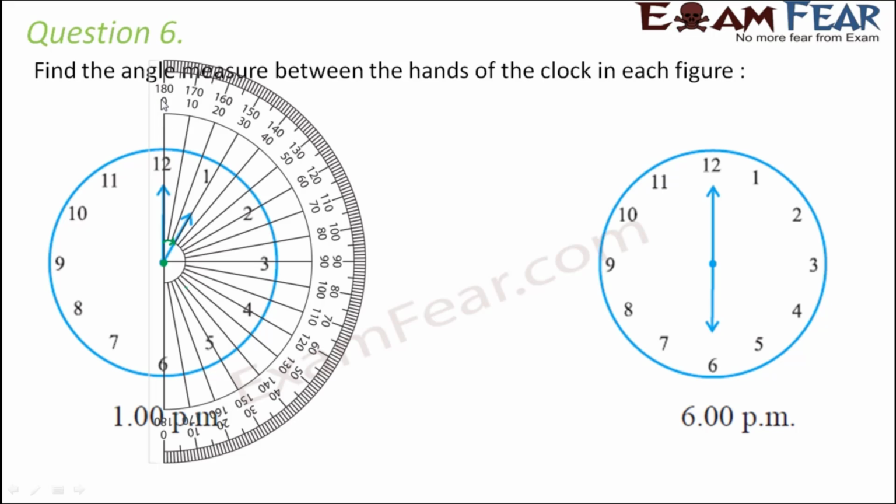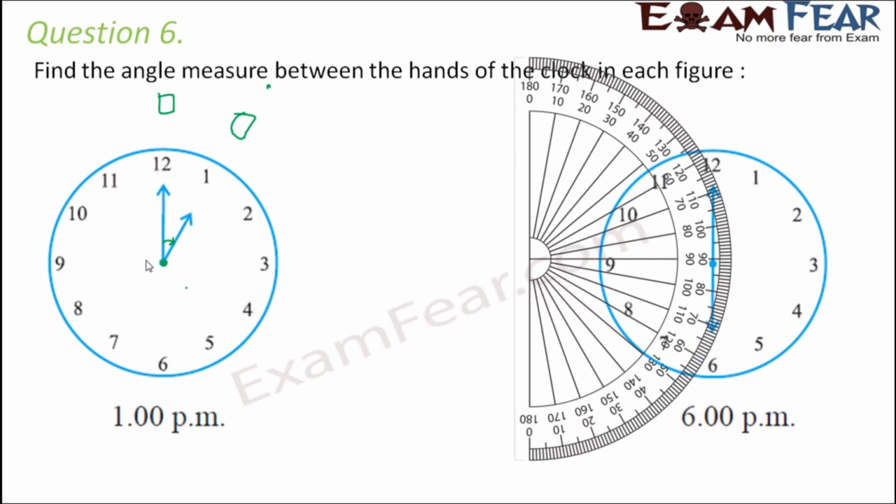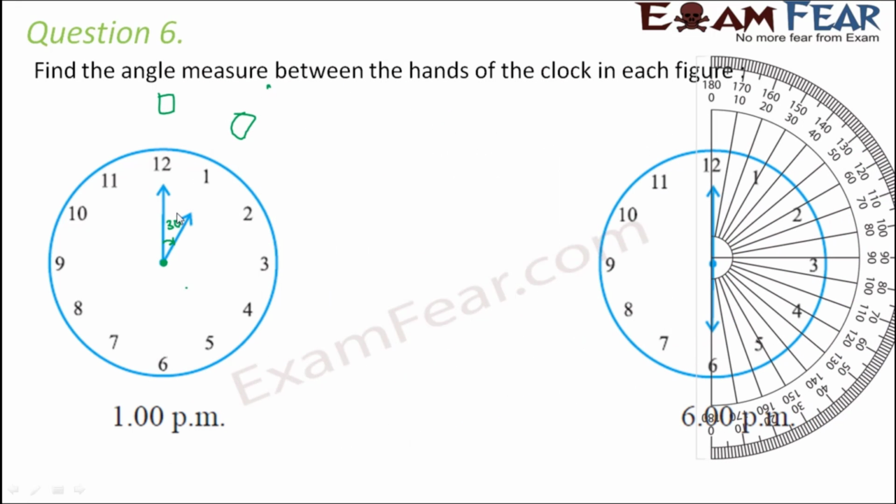So where is 0? This is 0 because 0 coincides with this straight edge of the protractor. Okay, now let's see where is the other arm. So the other arm corresponds to 30 degree. So that means the measure of this angle is 30 degree.